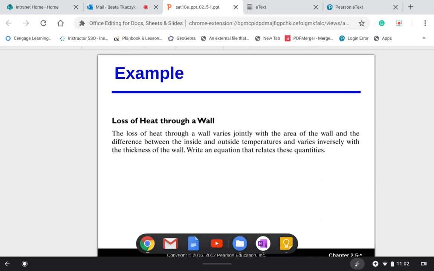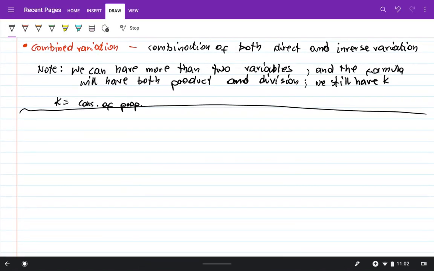Let me go back. So let's write this down as the loss of heat example, which you have in the PowerPoint.